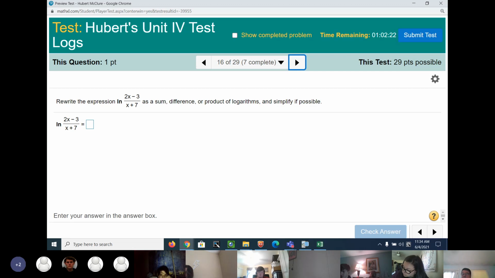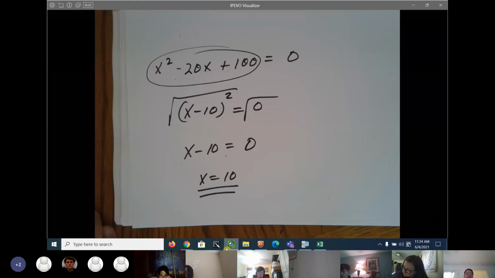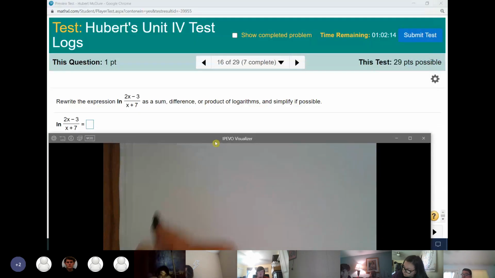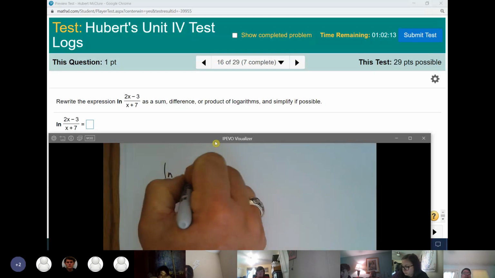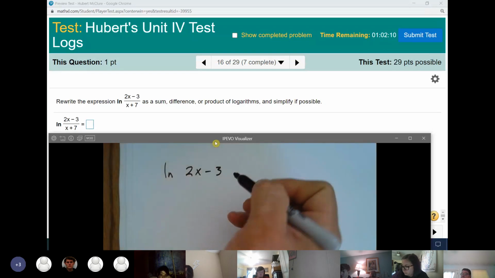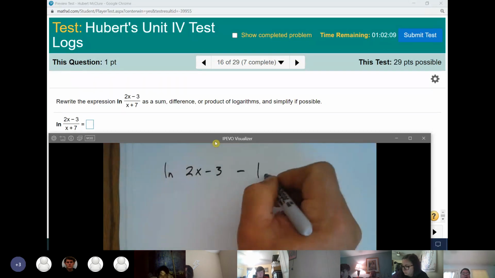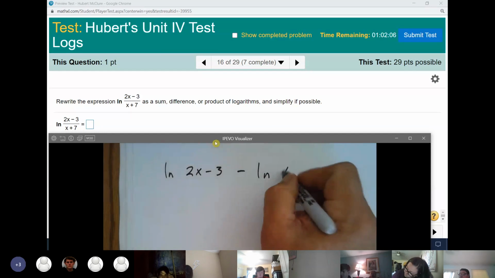So, natural log of what? Natural log of 2x minus 3 minus natural log of x plus 7.